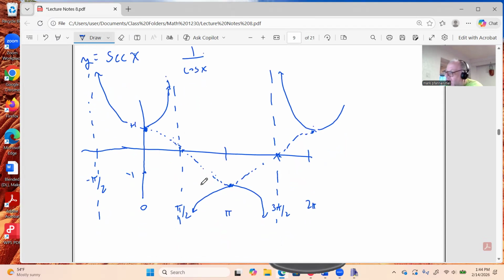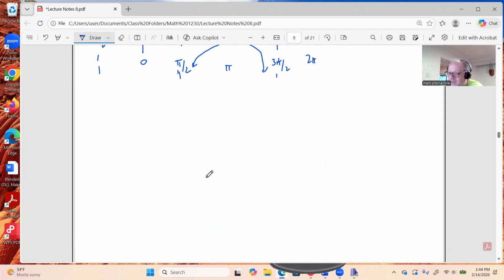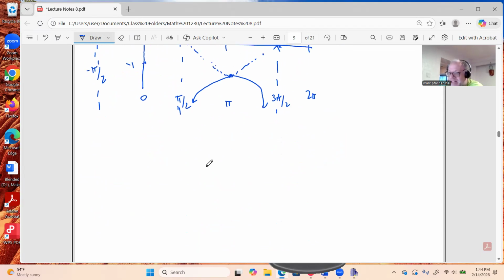All of the same stuff that you learned for sine and cosine works exactly the same way for secant and cosecant. So if we have y equals 3 cosecant of 2x minus 1, plus 4, this will do exactly the same thing. My amplitude is still the absolute value of 3, which is 3.